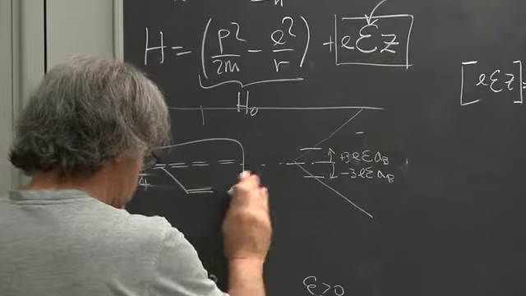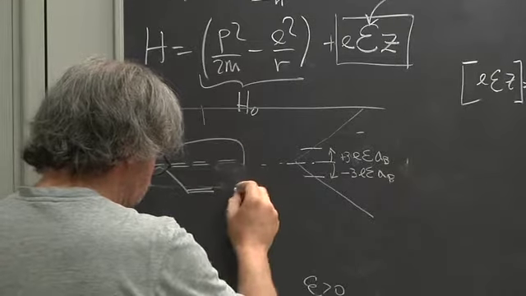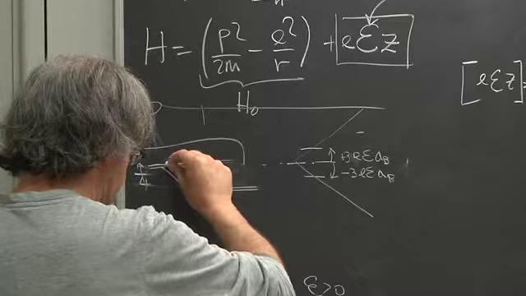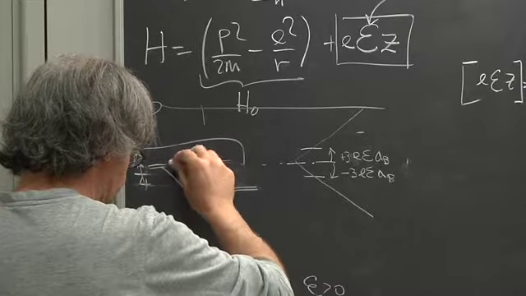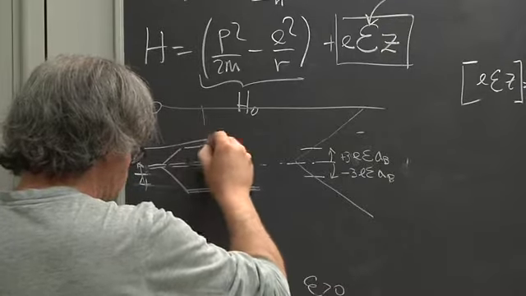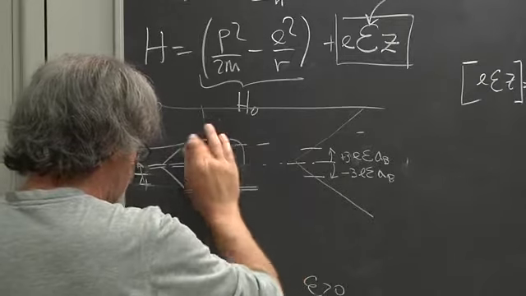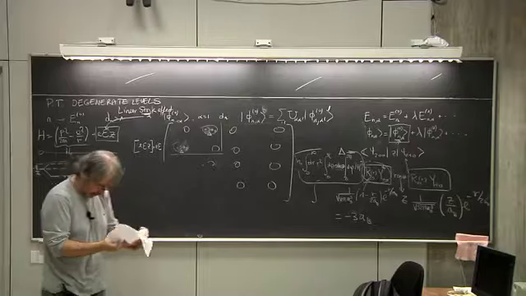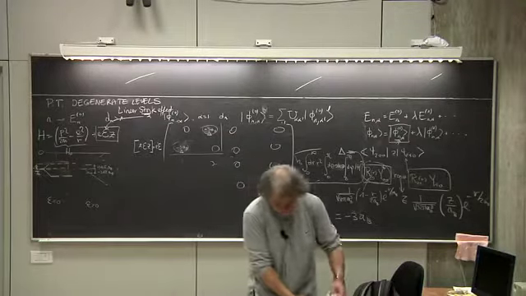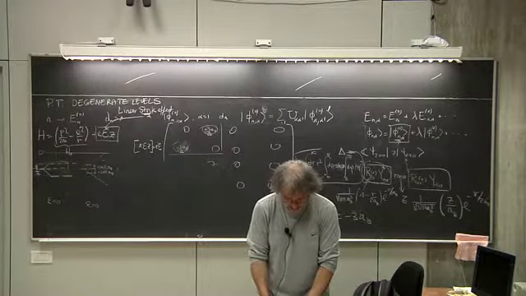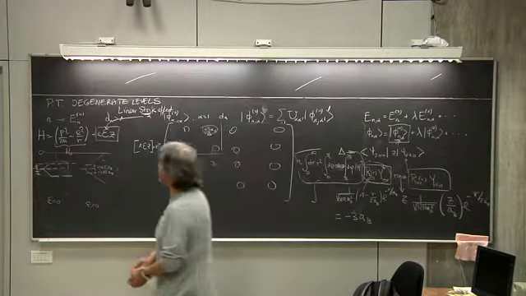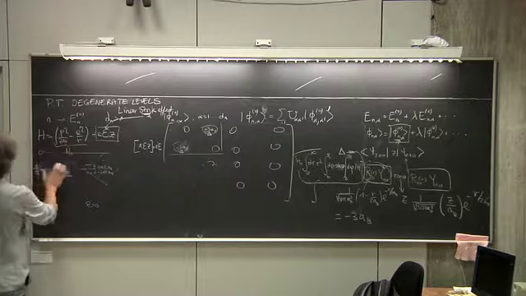4 states out of these 8 end up down, and a multiplet of other 4 states end up higher. Let's see if I remember correctly. No, I'm wrong. They all go down. Sorry. They all go down.